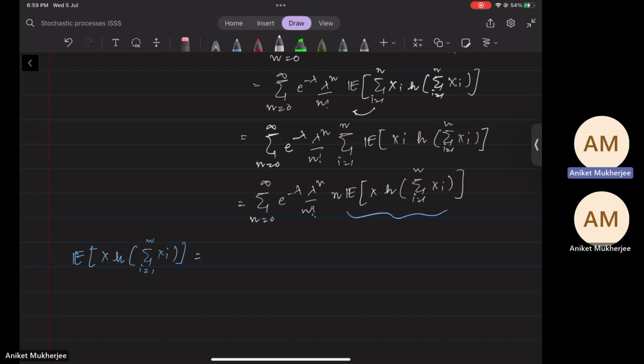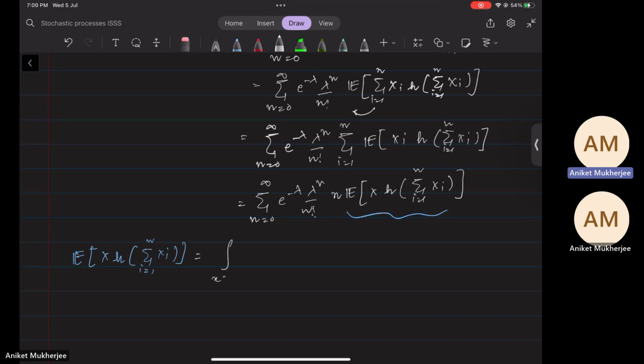Here the randomness is in X, so we condition on X. X could be any random variable, discrete or continuous; I'm doing it for the continuous case, the same way that we did previous things.